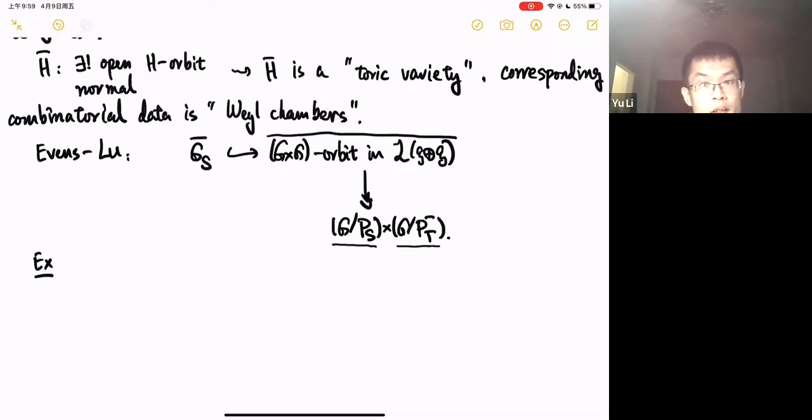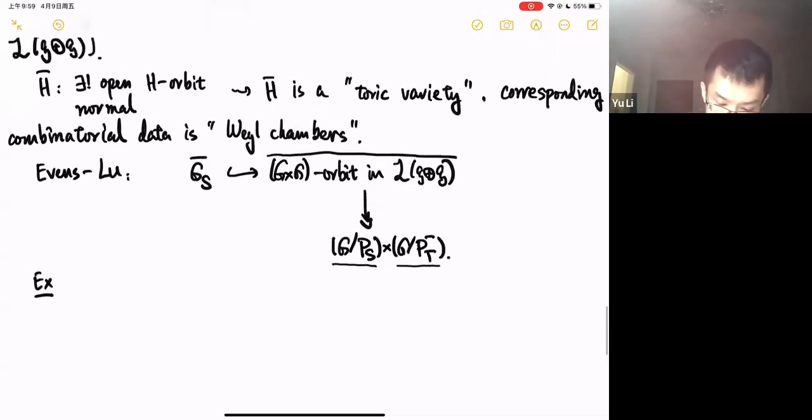So what this tells me is that if we would like to understand the geometry of L, and if we assume that we understand partial flag varieties quite well, then we need to understand wonderful compactifications of G. For the same reason, the hope is that in our situation, to understand the geometry of our variety of Lagrangian subalgebras, it helps to first understand the geometry of G star bar.